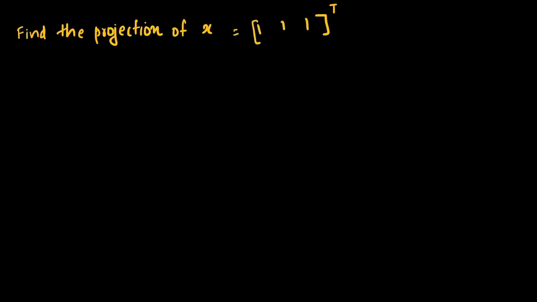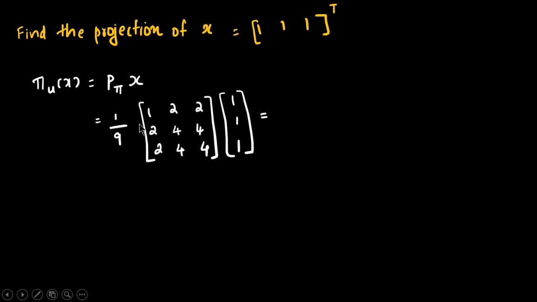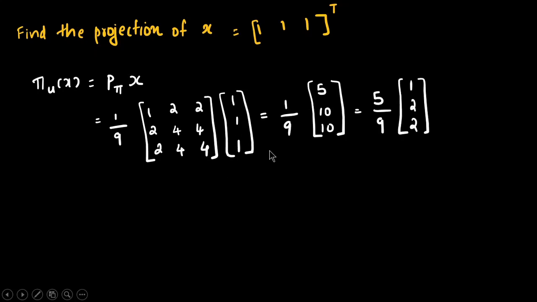Then find the projection of x, where the vector is [1 1 1]. Then pi u of x is equal to P pi times x. So P pi we got in the last slide, and we substitute it here, 1 by 9 times that P pi matrix, and [1 1 1]. So what we get is 1 by 9 times [5 10 10], which is 5 by 9 times [1 2 2].